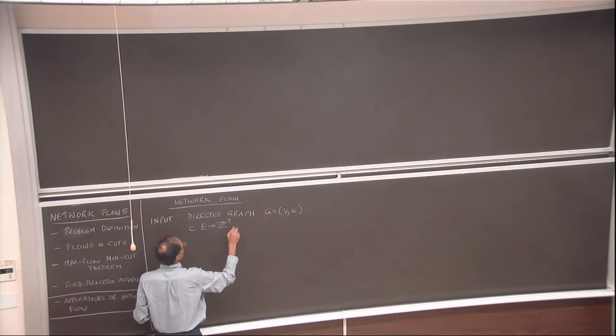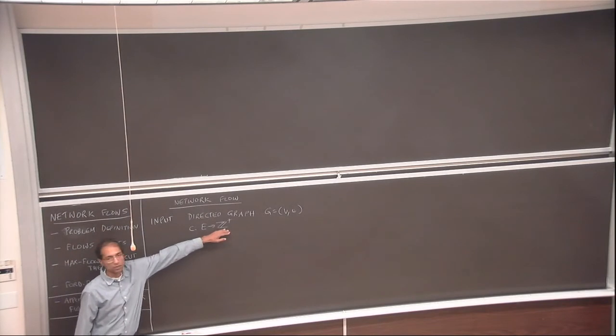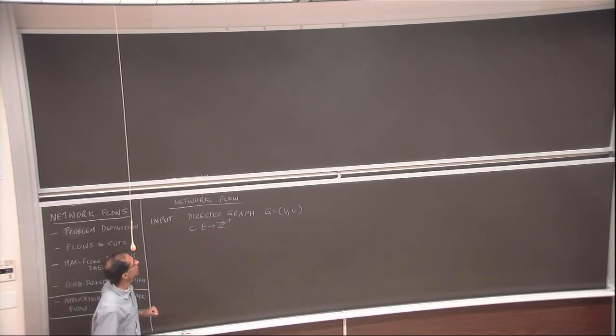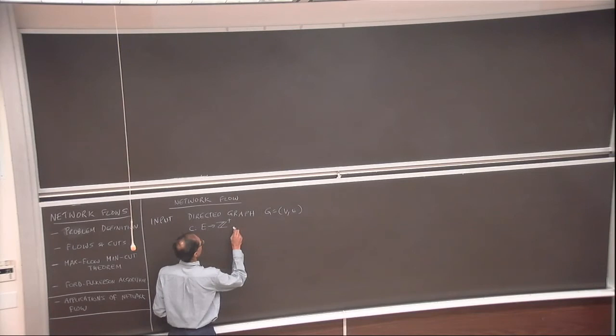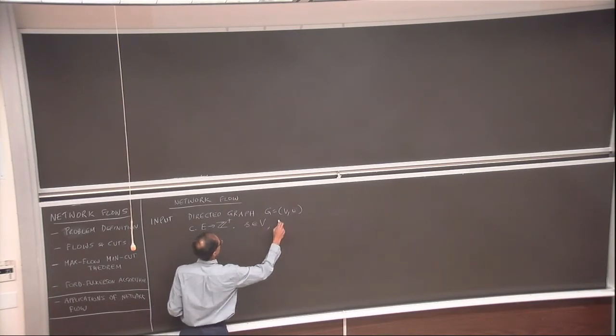Let's assume the capacities are positive integers, and then we are given a designated source and a designated sink.